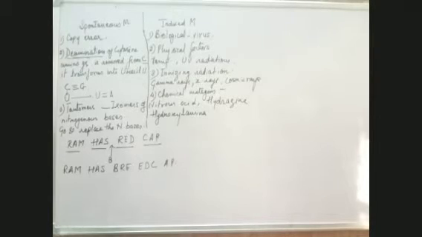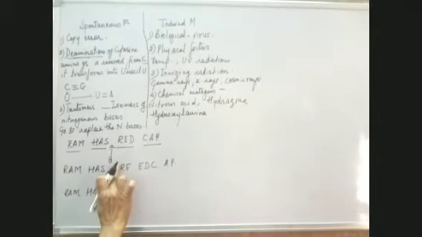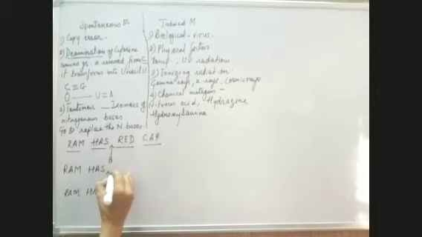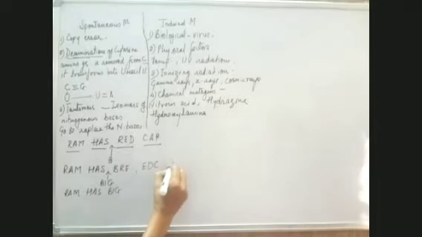Then, another example they have written: if three letters are inserted here in between, and the letters they have given in the example are big, so it will change now. Ram has big, that means the main sentence they are talking about. So right here, I'll change it now, EDC and AP.